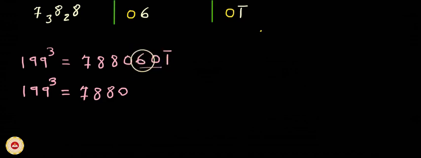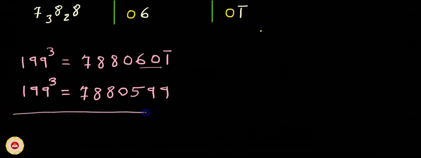So lessen this 60 by 1, you get 59. And this is the only negative digit in this number. So subtract this 1 from 10. Charamam dashatah. Subtracting last digit from 10. So 10 minus 1 is 9. So answer is 7880599. Okay, so friends, this is our answer.